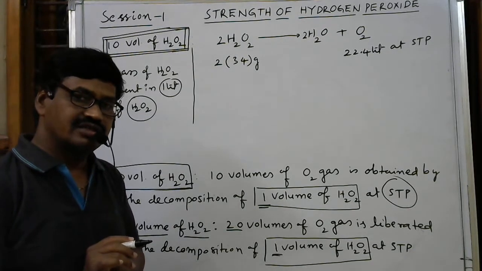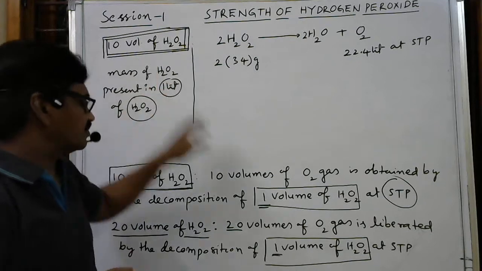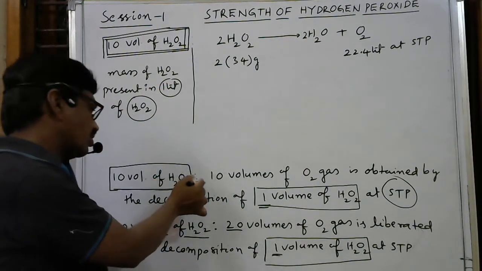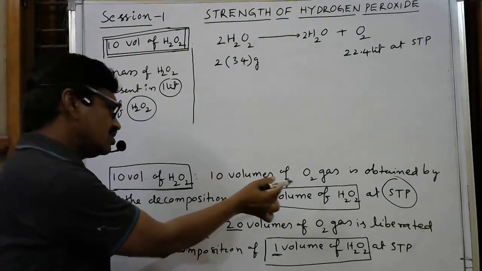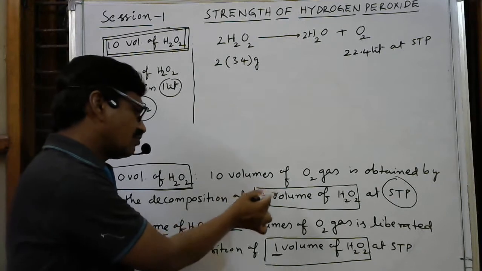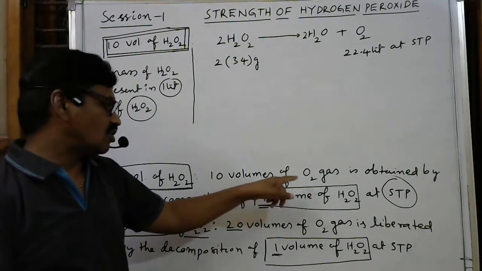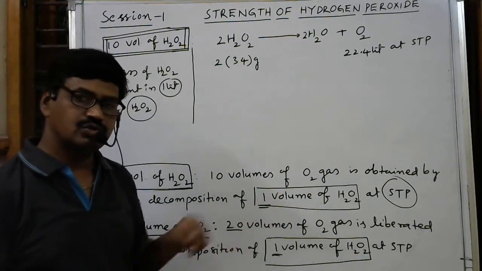How many liters of oxygen gas are produced for 10 volumes? Exactly 10 liters. In terms of liters, 10 liters of oxygen gas is obtained by the decomposition of 1 liter of H2O2 at STP.